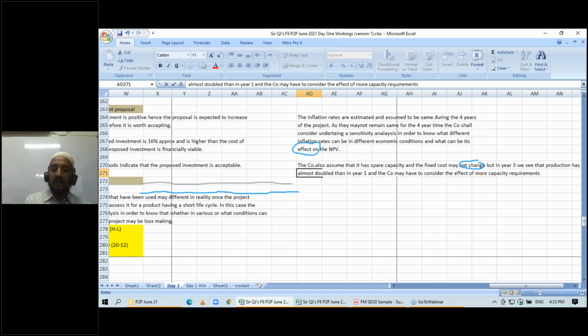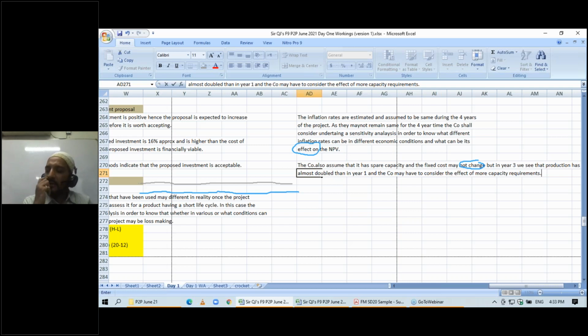So students, a very important tip over here is that when you solve these types of questions and you're asked to write comments on it, the answer is always present in the question. You have to find the answer from the question only, right? Like over here, the estimates were involved. The sales volume was also an estimate. The fixed cost was also an estimate. The discount rate is also an estimate.